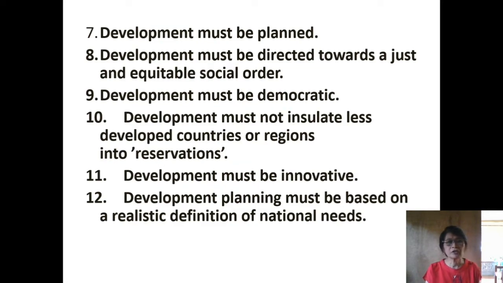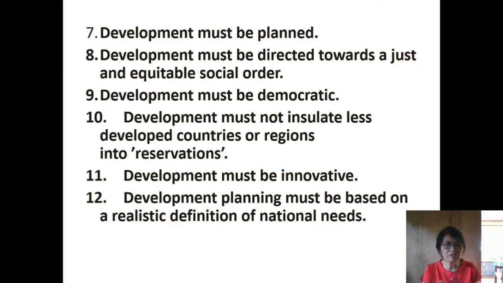Seventh is, development must be planned. Though yes, there could be beautiful unplanned changes that may happen which we could not control. We do not have the hands to do it. What we could do is we need to plan. So it must be planned. Development must be directed towards a just and equitable social order.